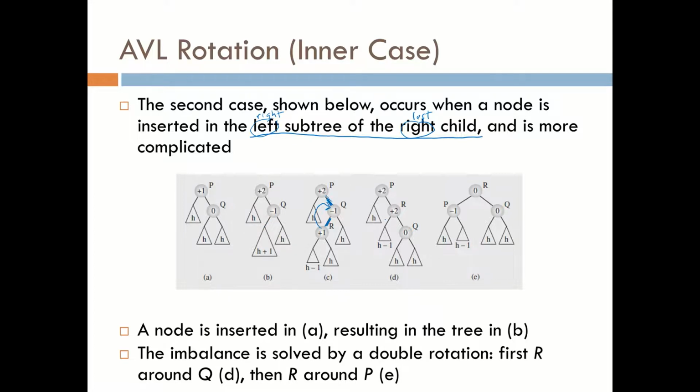And so this further requires that we do another rotation, and that rotation is to rotate P with R, giving us the picture that you see on the right. And this will bring the tree back into balance. Now, that may not be immediately obvious, but hopefully when I go over the examples that I'm about to cover, this will make more sense.